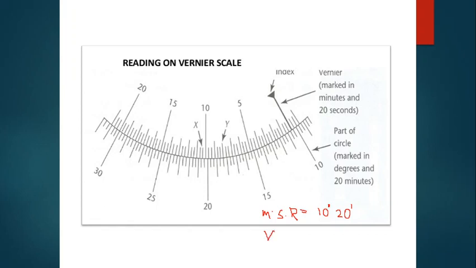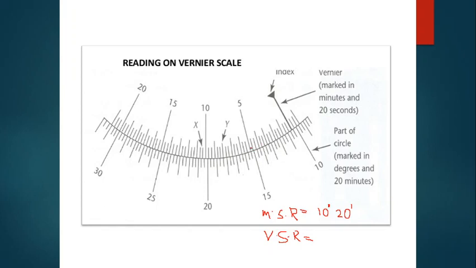Now let us calculate the vernier scale reading. We must search for the coincidence. The zero line is not exactly coinciding with the main scale, and if you continue to search up to here, it is not coinciding.